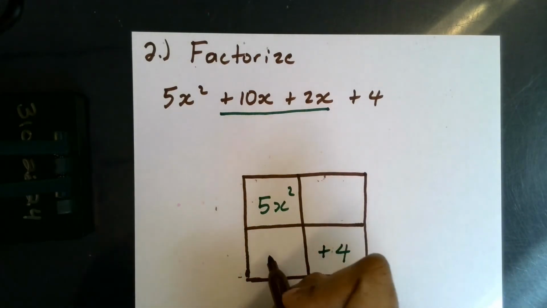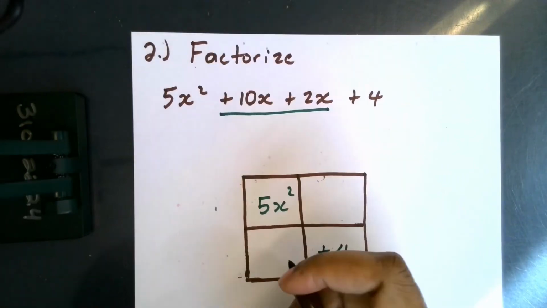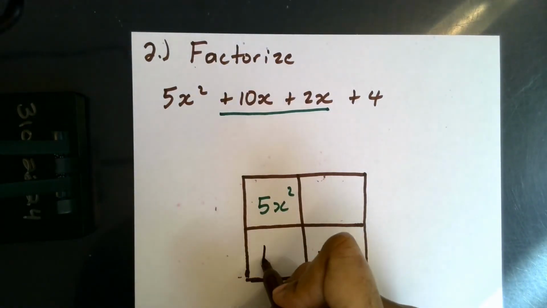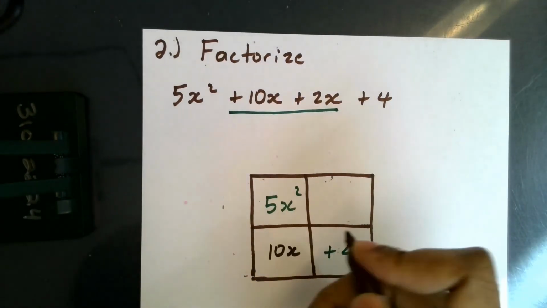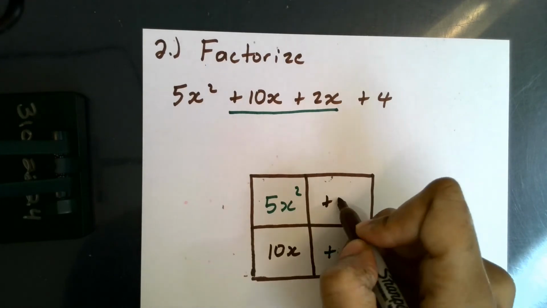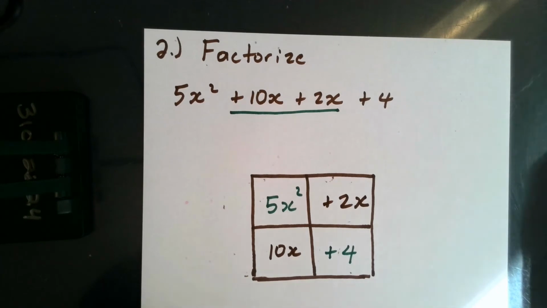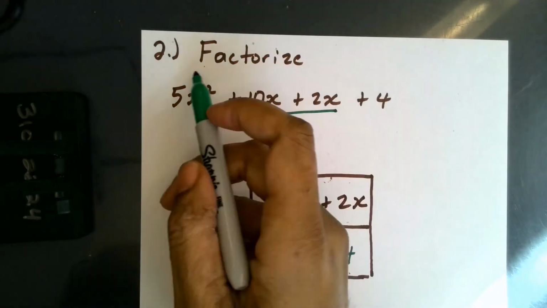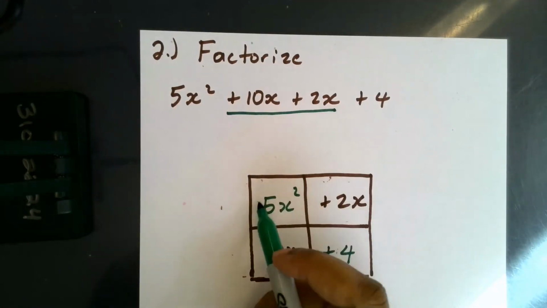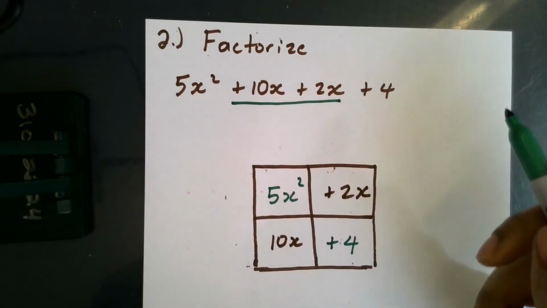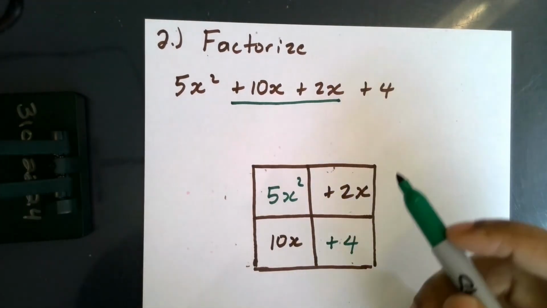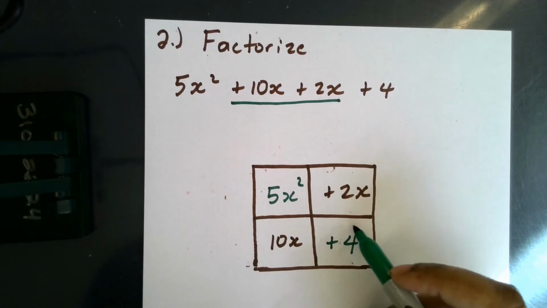So any of these terms can go anywhere. The key thing to remember is the first term goes in the first box. The last term goes in the final box.